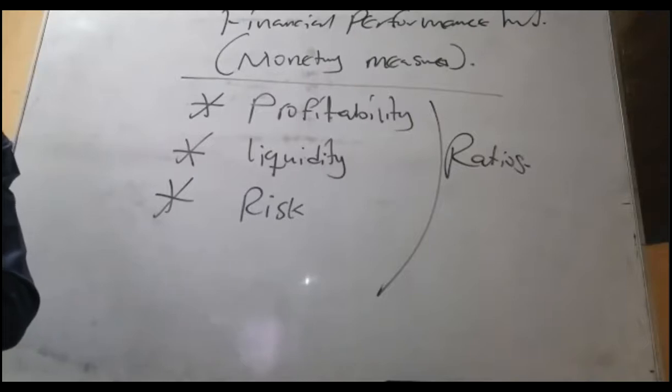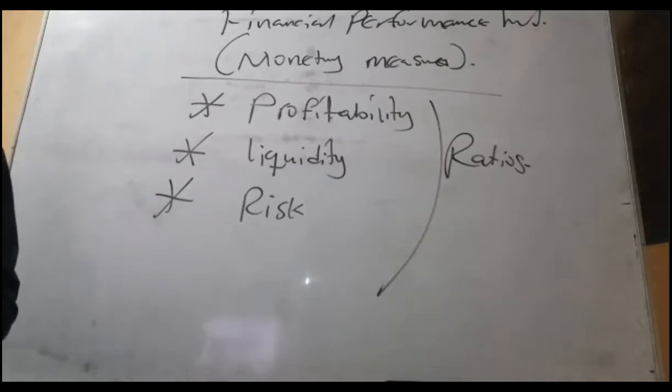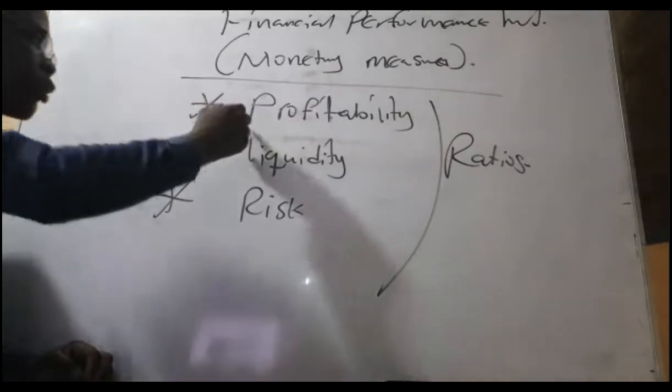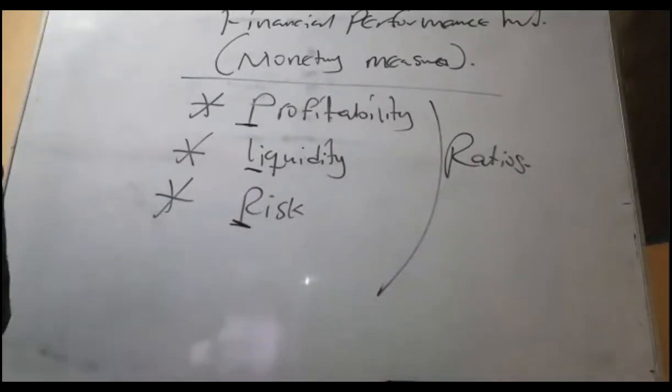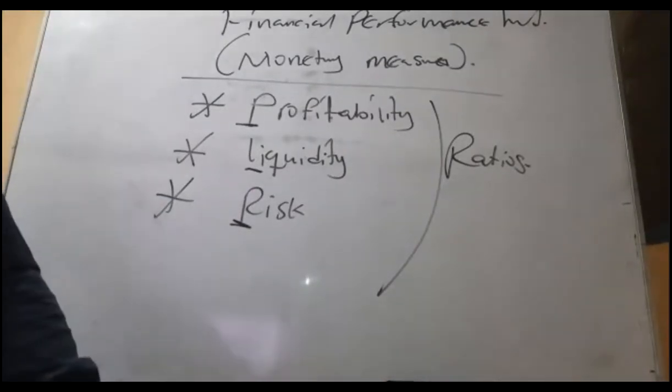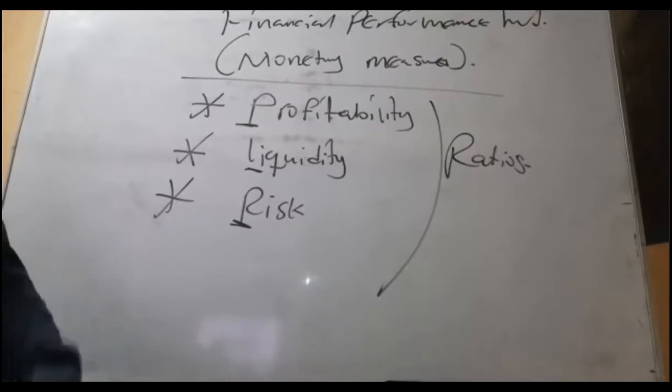So when I ask for financial performance indicators, the question is this: what suggests that we are doing good? So financially, if our profitability looks good, liquidity looks great, risks a bit low, then there's an indication that we are performing well. So the indicators are just measures that we are going to assess our performance.